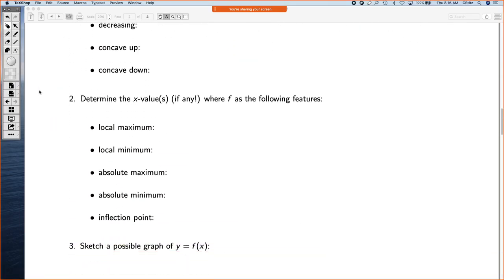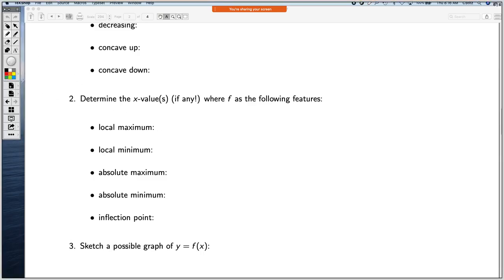So local maximum, x equals 3. Local minimum, there was none. To have a local minimum, you'd have to have this happening. We didn't see any of that. 3 is also where the absolute max is going to be. Absolute minimum is going to be none, because if you look at the limit there, it was minus infinity.